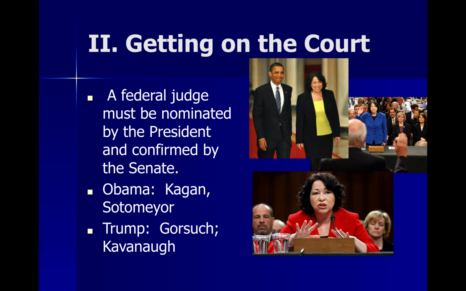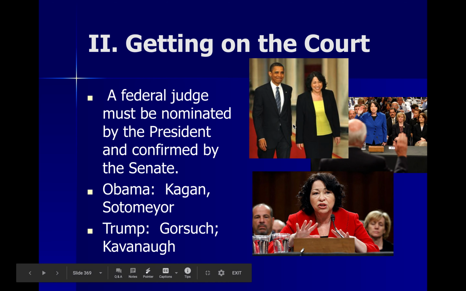Number 2. The rest of this one is going to be about how you get on there. We have a little film about Clarence Thomas that I think is really interesting. A federal judge has to be nominated by the president and confirmed by the Senate.